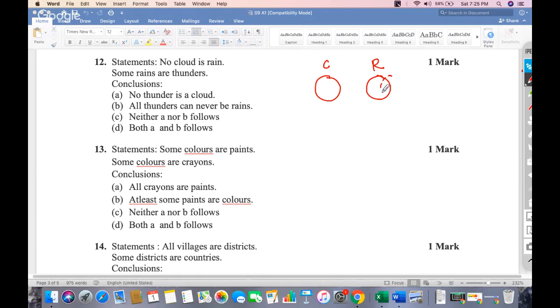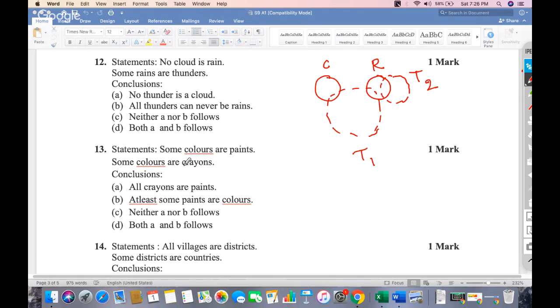One condition can be this, that some rains are thunders, or second condition can be this, that this is thunder. So I'm keeping it 1 2. There are two conditions. If you are taking condition 2, condition 1 should be avoided. If you are taking condition 1, condition 2 should be avoided. While taking the answer, both should be taken together.